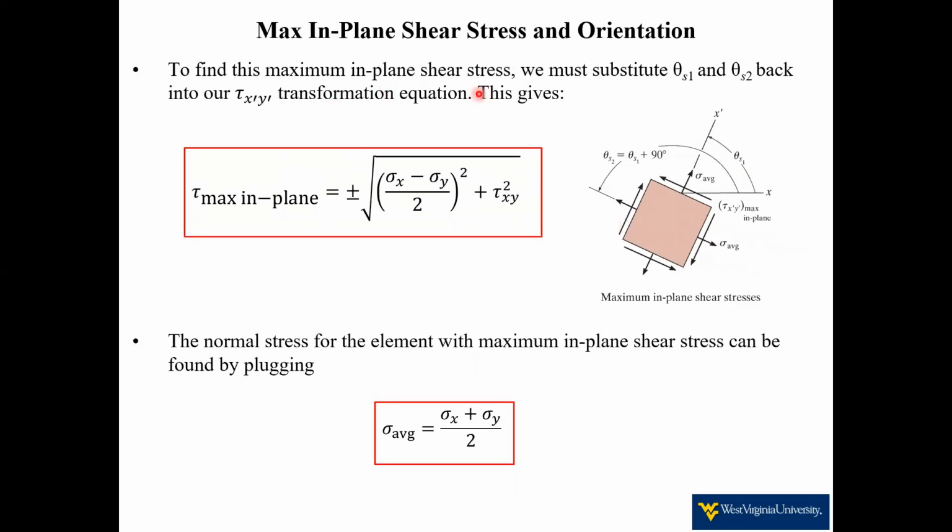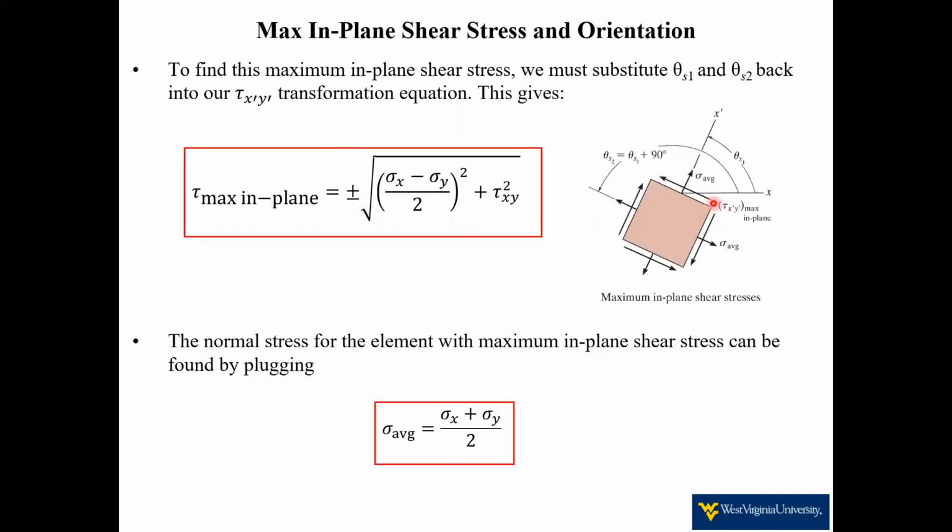To find your maximum in-plane shear stress, you just plug back in the theta s1 and theta s2 that you just found into your tau transformation equation, and you get this equation that you can use for your tau max in-plane stress. You can see it's plus or minus, which basically tells us that you're going to have the same value for your max in-plane shear no matter what face you're on.